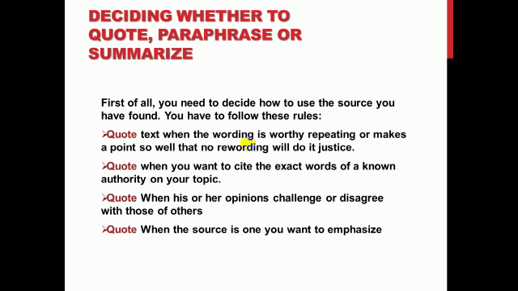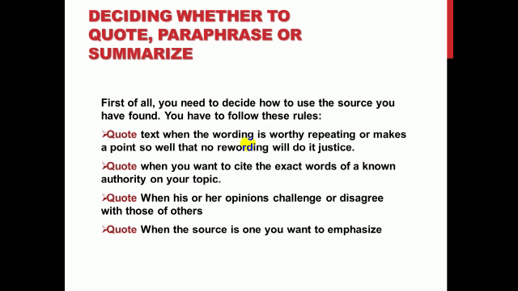Number two, when you want to cite the exact words of an authority on your topic. So when I want to have the same words of someone very famous, some author who is very famous, so that it is very worthy to rewrite his words or her words. Quote when his or her opinion challenges or disagrees with those of others.